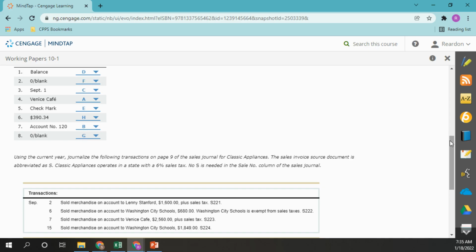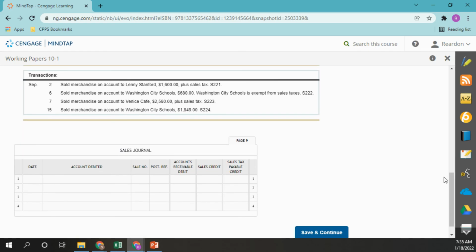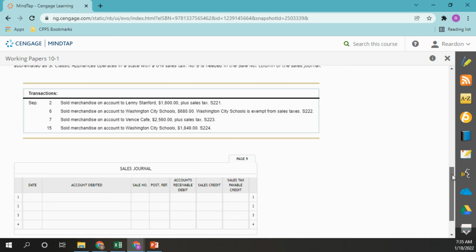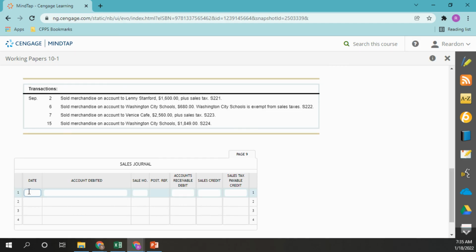Looks good. Okay, now we're going to record some sales in the sales journal. Sold on account to Lenny Stanford. Now, do we have a tax percentage here? Yes, it is 6%. No S is needed in the sale number column of the sales journal. So we're going to come down here, September 2nd. We're going to put in the name of the customer, Lenny Stanford.